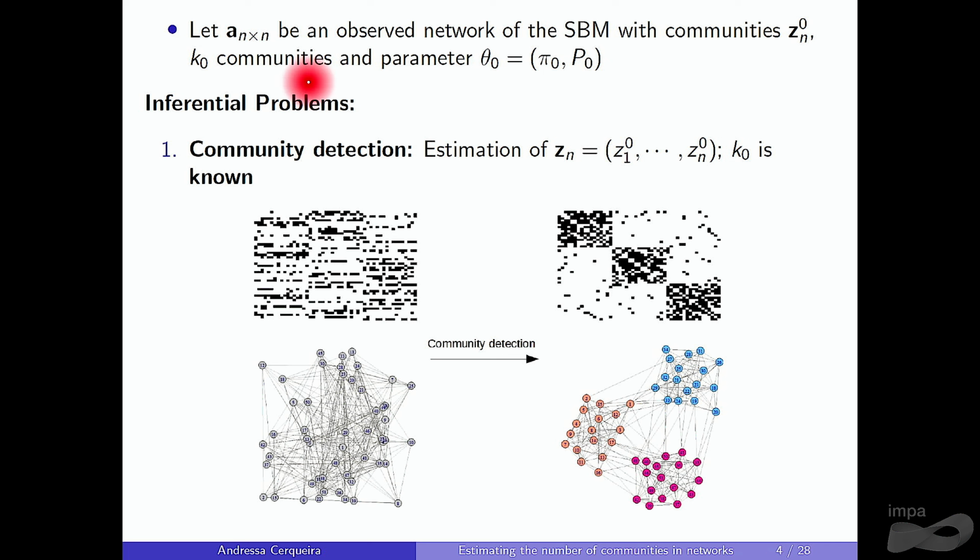So the first problem is community detection, as Jesus explained to us today and Keith explained to us last week. For community detection, what we want to do is estimate the communities. So I fix K. I suppose that I know how many communities I have, and then I just estimate the communities.